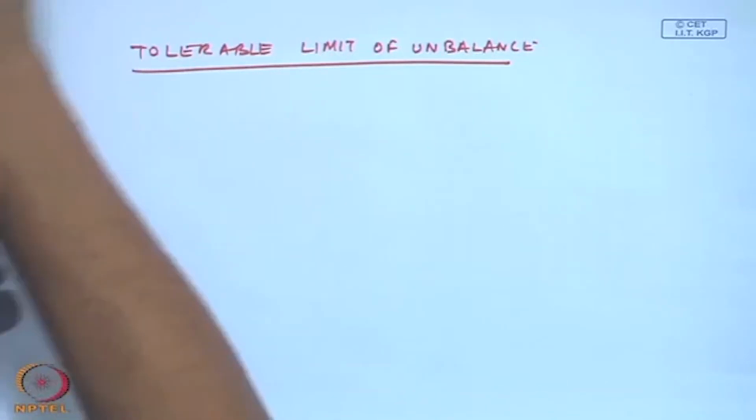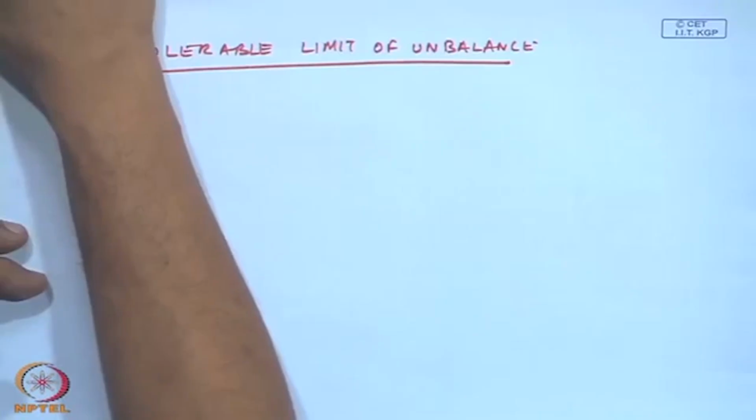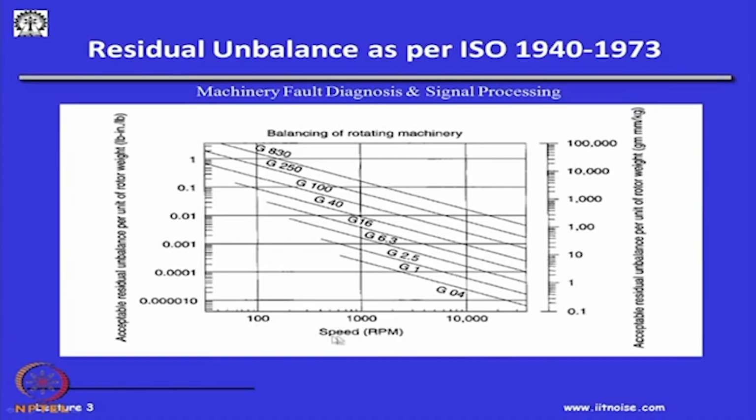This is given by this curve here. One axis is the speed of the machine, and the other is the acceptable residual unbalance per unit of rotor weight, given in gram per millimeter per kg, where the denominator is the mass of the rotor.